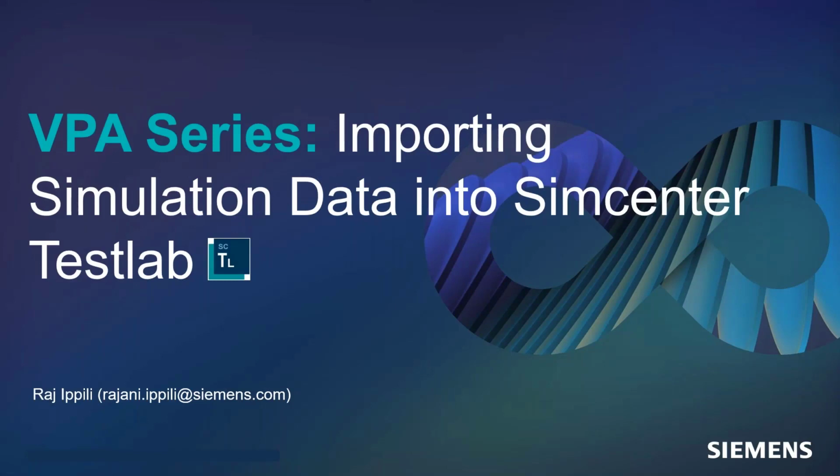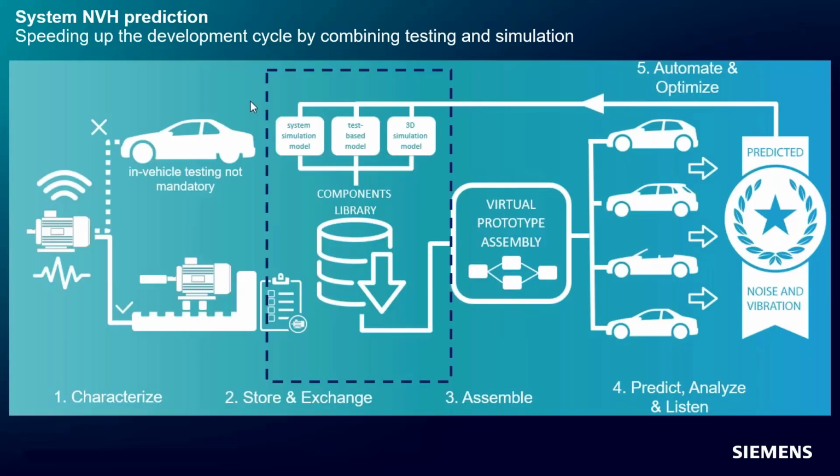Thank you, Charles, for that great introduction related to the VPA series and putting into context where importing simulation data into SimCenter Test Lab comes into the picture. The main focus is going to be in this middle part of this flow of information in the context of VPA, the Virtual Prototype Assembly. Today we'll be focusing on building these components that are part of this Virtual Prototype Assembly.